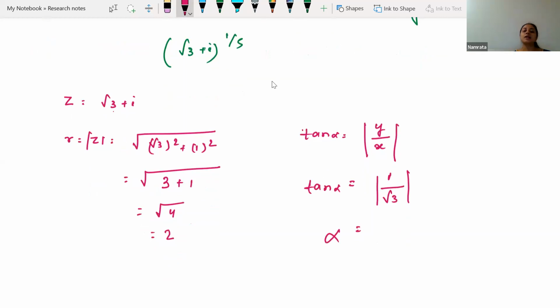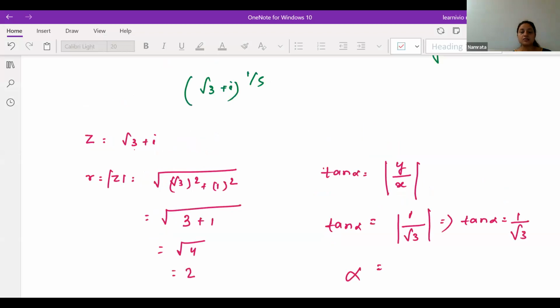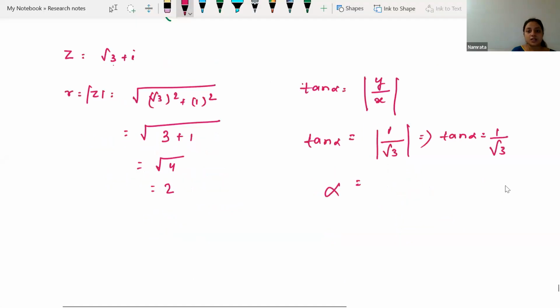Yes, 30 degrees. So let's take it as 30 degrees, or in terms of pi, it's pi by 6.